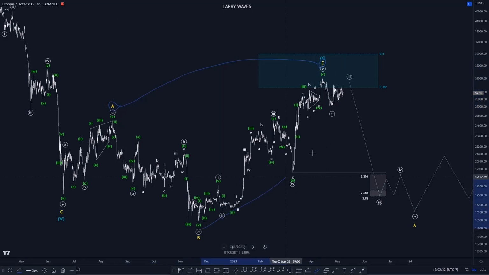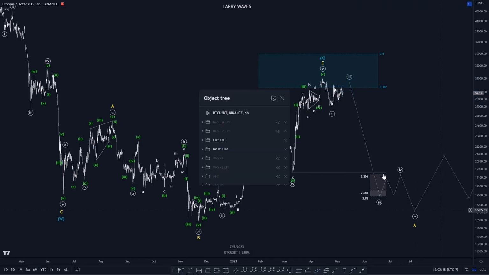It is very extended in time compared to the A leg, which is questionable, but it's still a valid flat pattern, a valid expanded flat. It's all a matter of how we're viewing this in the short term. We've got a very bearish scenario where we don't take these highs, and then we have a short-term bullish scenario where we do take the highs, but then we come back down, which we'll discuss shortly.